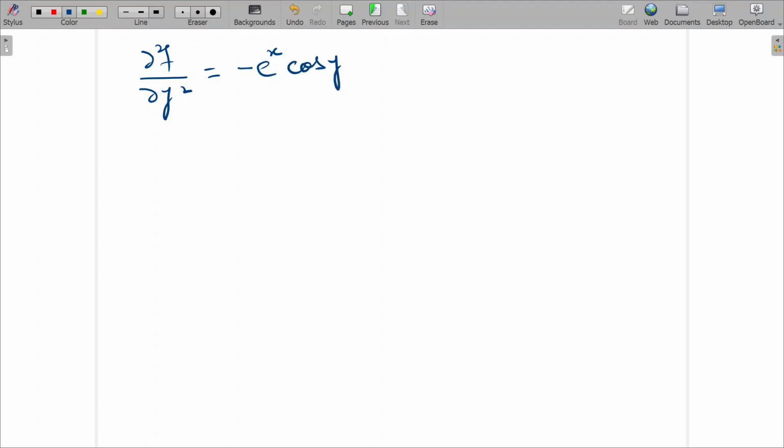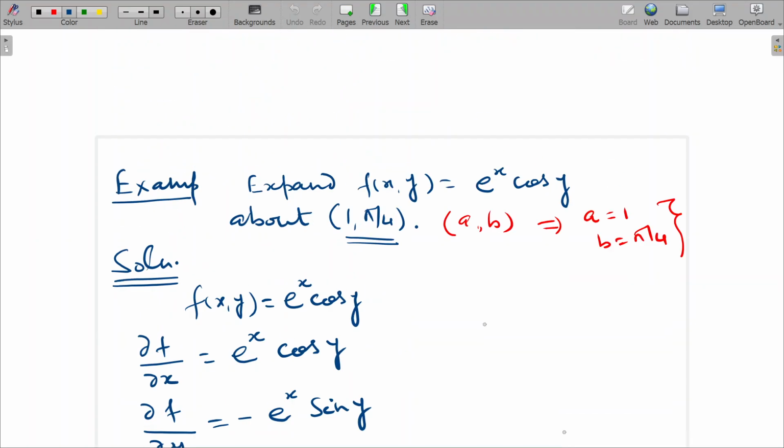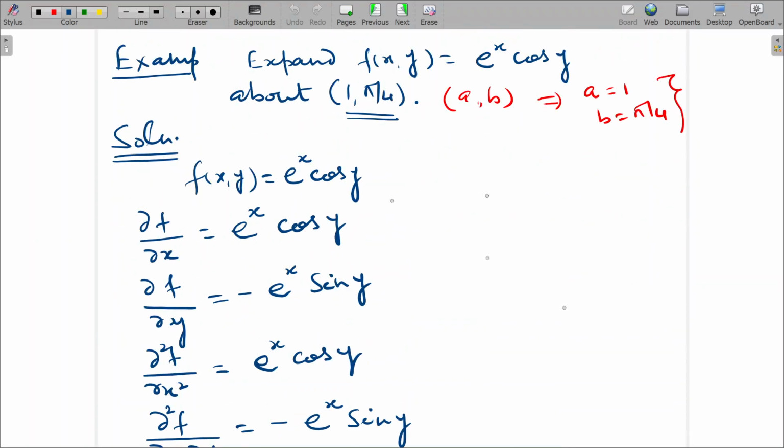Now we need to find the values of this given function and the derivatives of the function. So this gives the value at (1, pi by 4), which will be e over root 2.